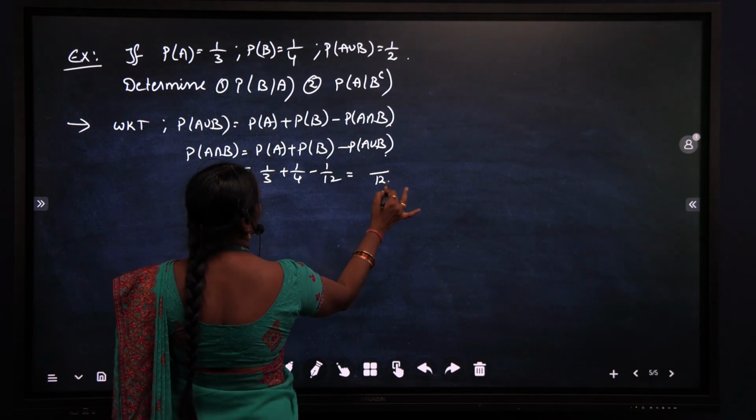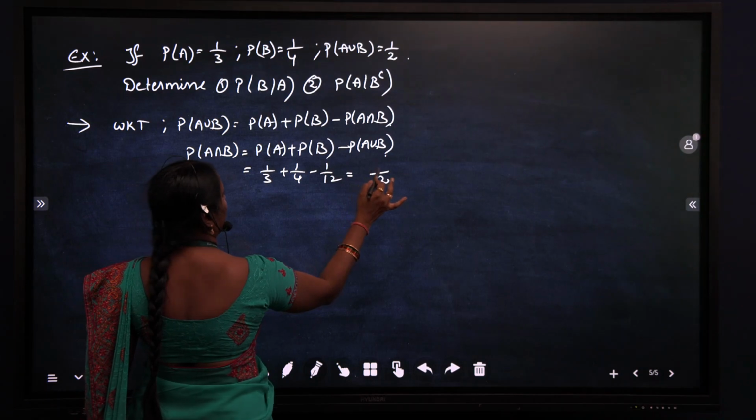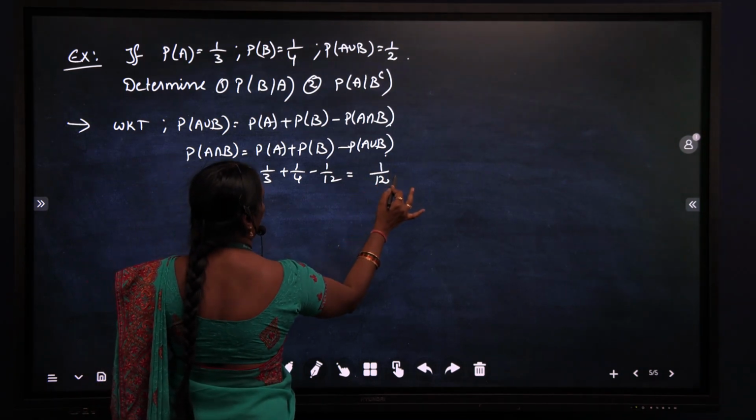The LCM is 12, so 4 plus 3 minus 6 gives 1 by 12.